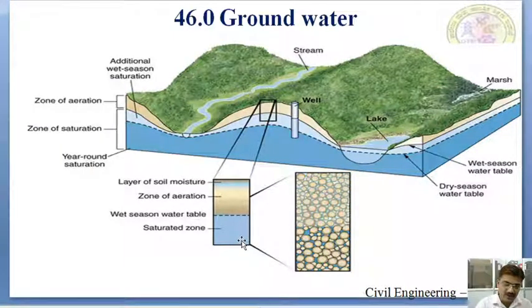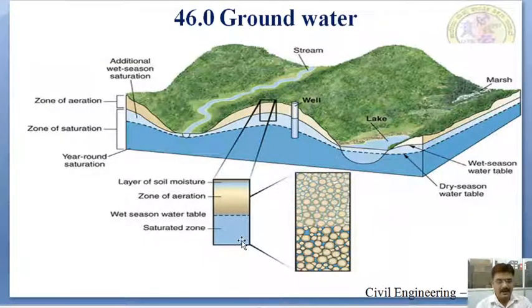The saturated zone comprises soil and rocks which have pores that allow water, and there are some fractures or bed rocks where groundwater enters these fractures. Hence this saturation zone is divided into four parts: aquifer, aquitard, aquiclude and aquifuge.